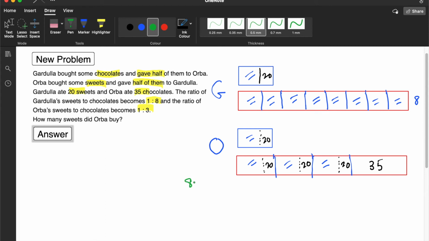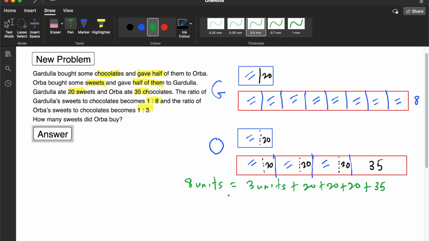So I can see that 8 units is also the same as 1, 2, 3 units plus 20 plus 20 plus 20, because there are 3 of them, and plus 35, because these 2 bars or these 2 models are actually the same. I cannot make use of the sweets, because they are exactly the same information. But this one will be very useful for us to solve the problem.